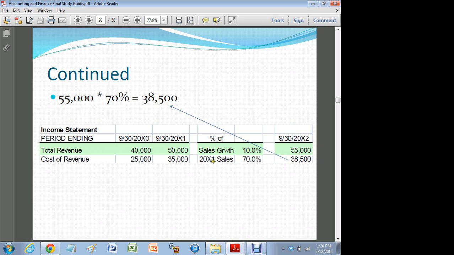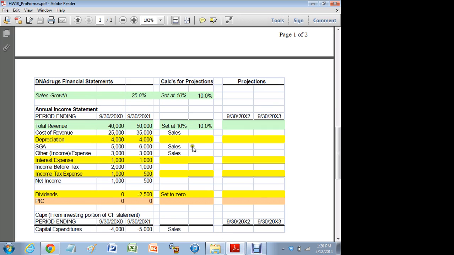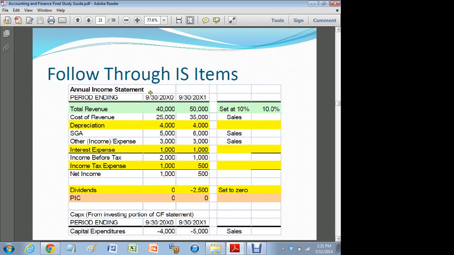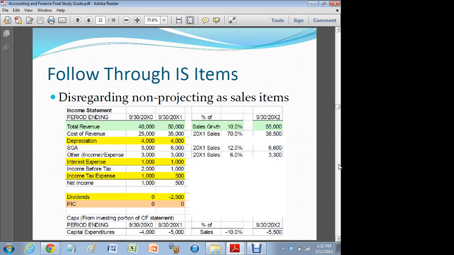And in the middle here, which you would find in the example, we want to write how we got that number. Here we say we used sales as what we're projecting as, and the number was 70% for this case. Everything else that follows the same rule, SGA, other expense, we do the same thing.